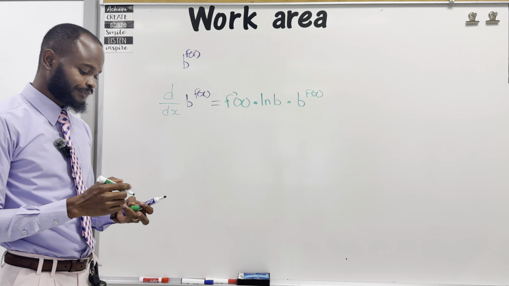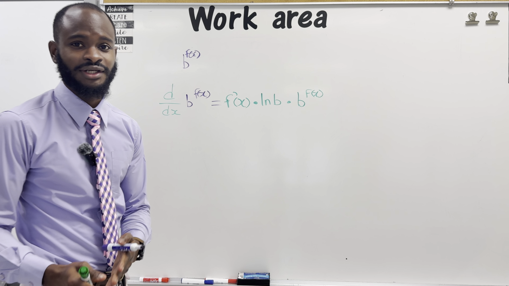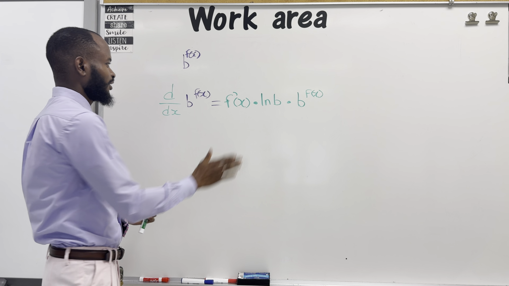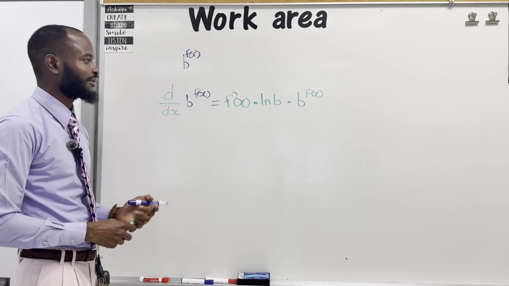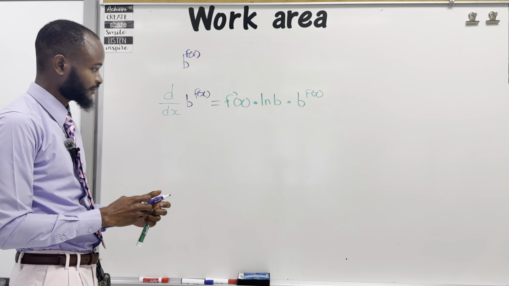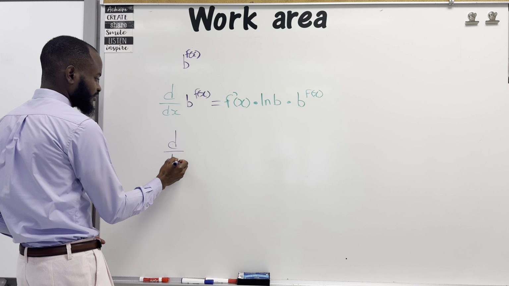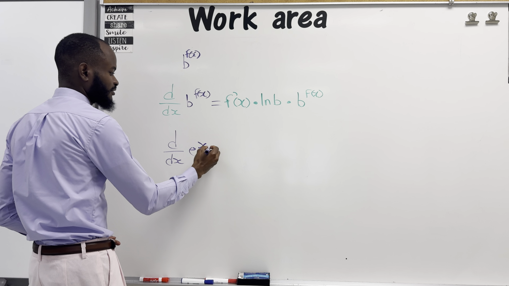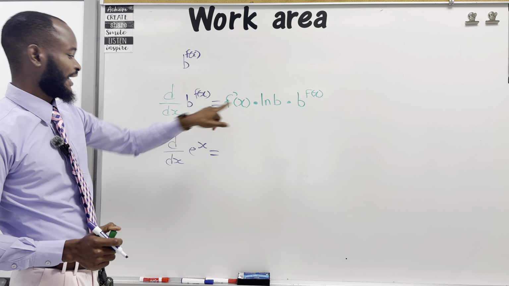For example, the famous one that we all know, e to the x. We know that the derivative of e to the x is e to the x. So e to the x is an exponential function, and we're going to use this to find its derivative. We're taking d by dx of e to the x. We need the derivative of the exponent.